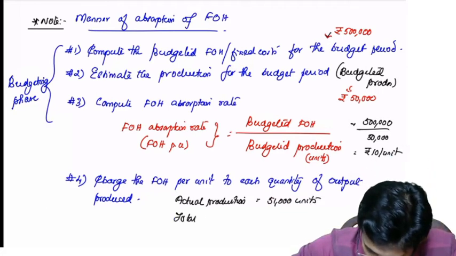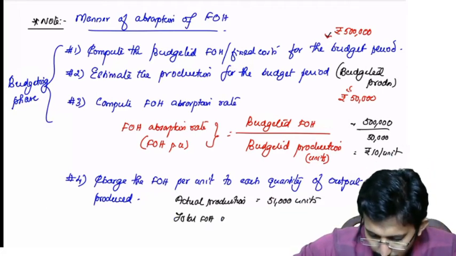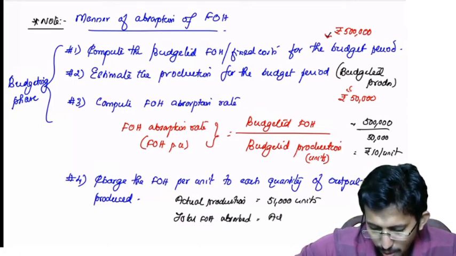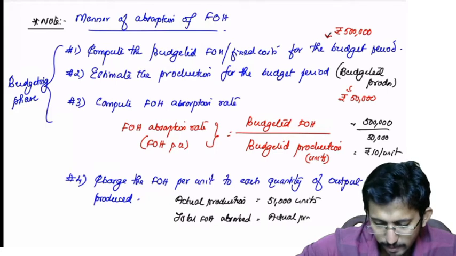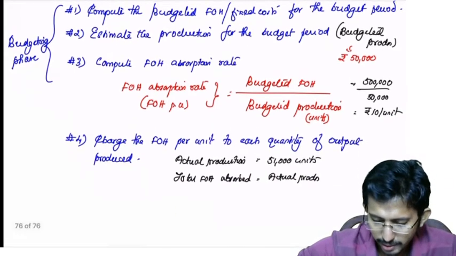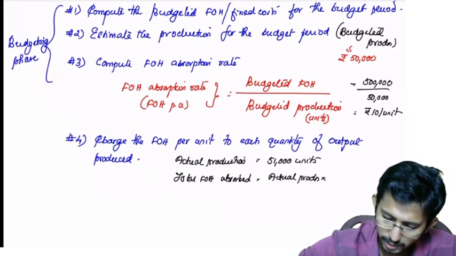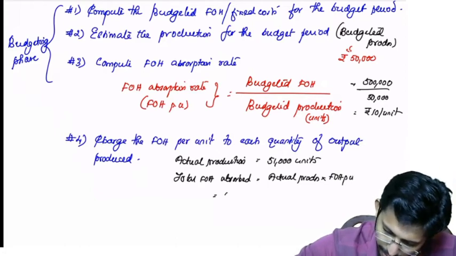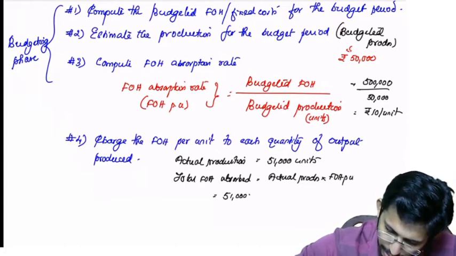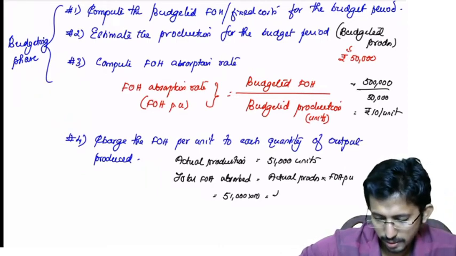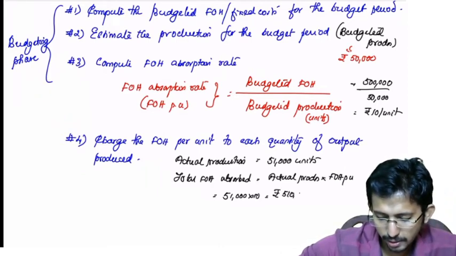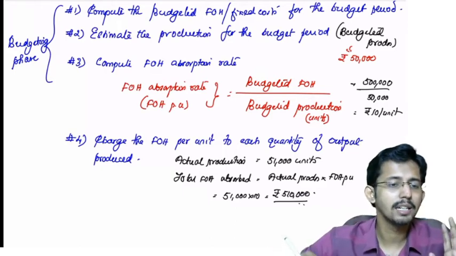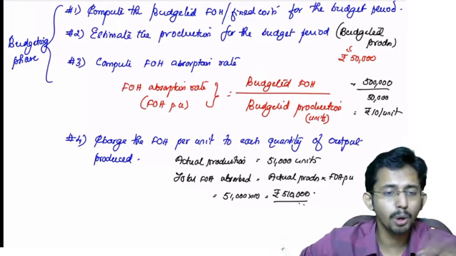Total FOH absorbed will be actual production into FOH per unit, and that will be 51,000 into 10, that is rupees 5,10,000. That is total fixed overhead absorbed.